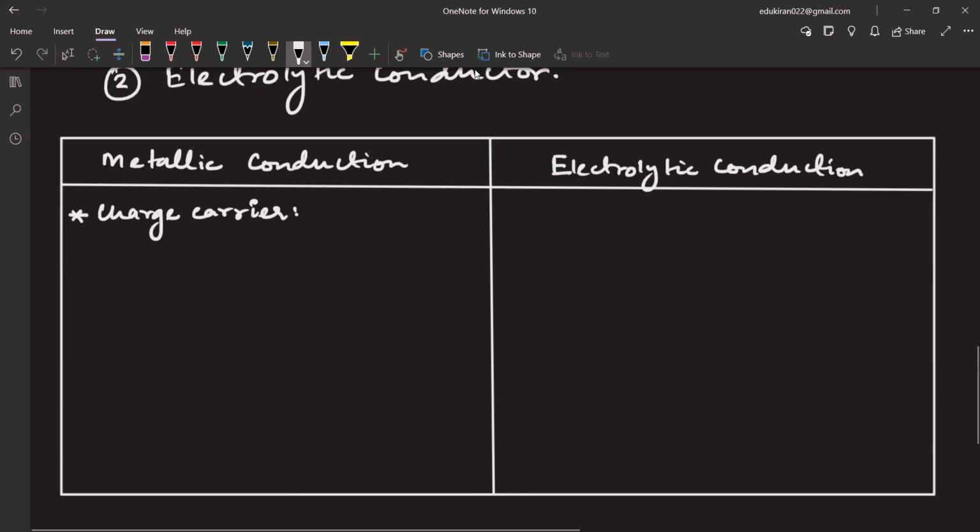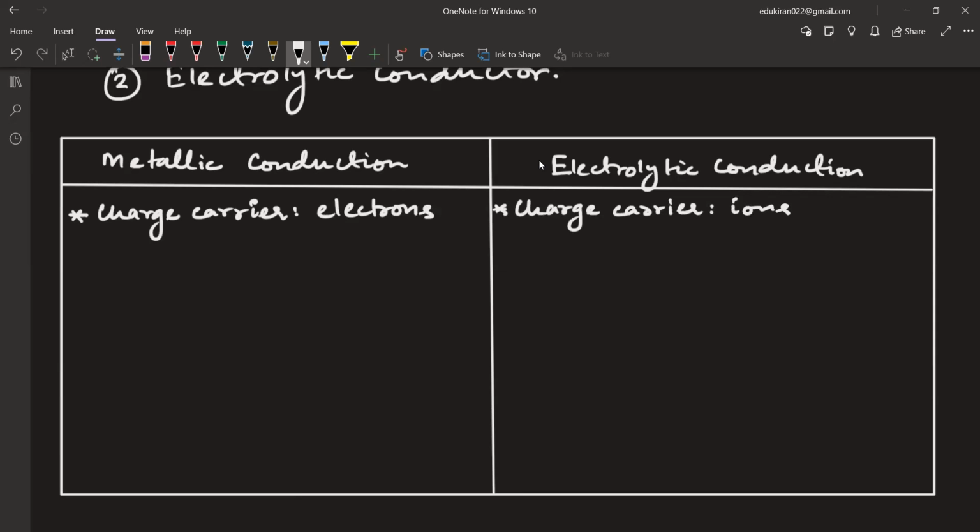There is some particle that moves in the direction opposite to the current. Electrons, right? So the charge carrier is electrons. And here in electrolytic conduction, the charge carriers are ions.